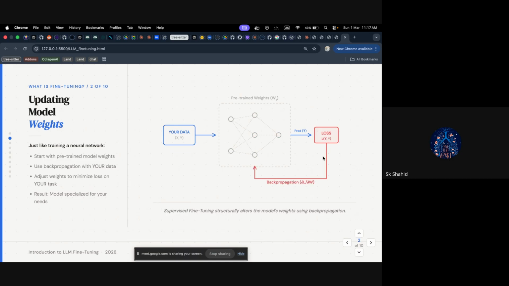So if the task we are trying to fine tune a neural network on is summarization, then on the left hand side we should have a long paragraph, and on the right hand side we should have the target small paragraph, or summarized passage.